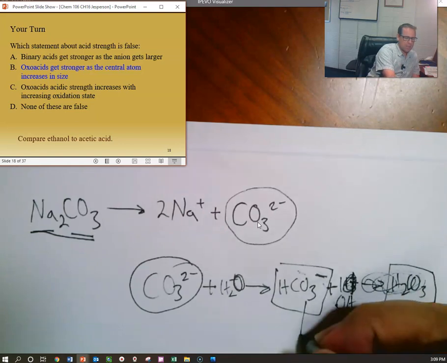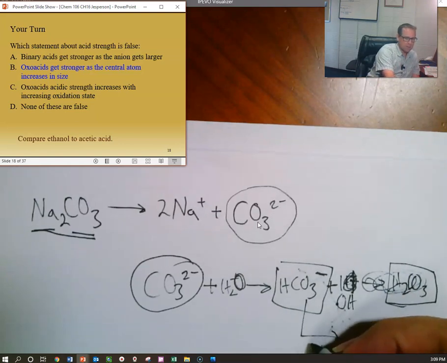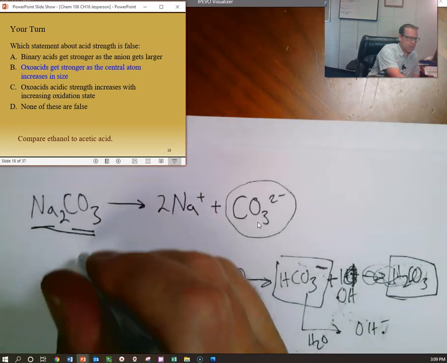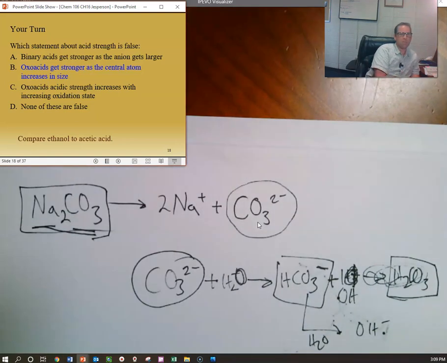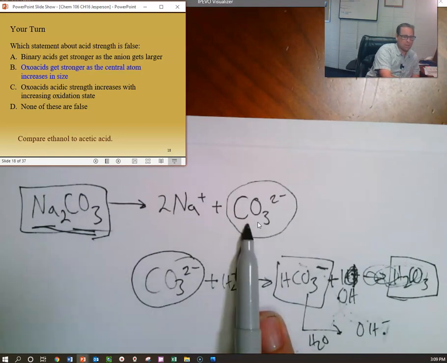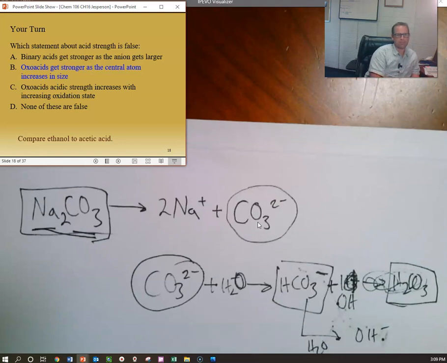All right? And then this could take another hydrogen from another water molecule. So this compound here becomes a strong base. No hydroxide in it, but when the carbonate ion gets into solution, it takes the hydrogen from water and results in the hydroxide ion.